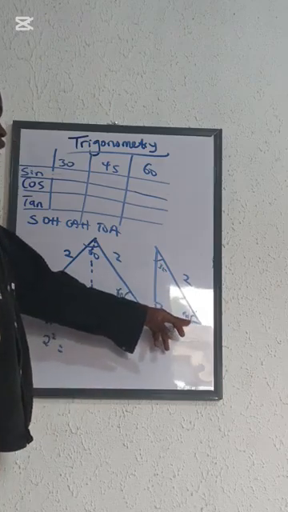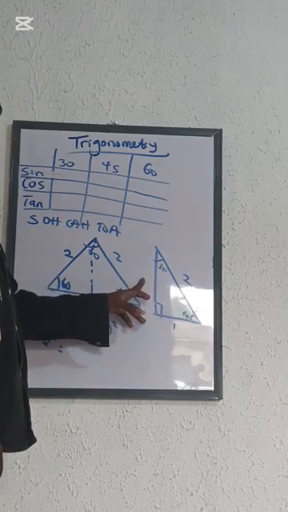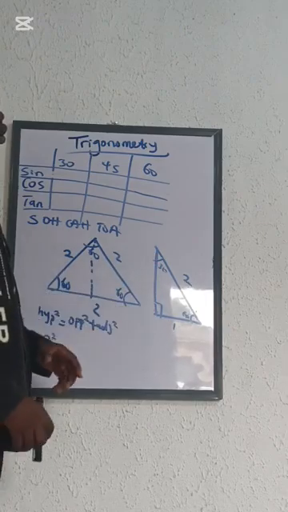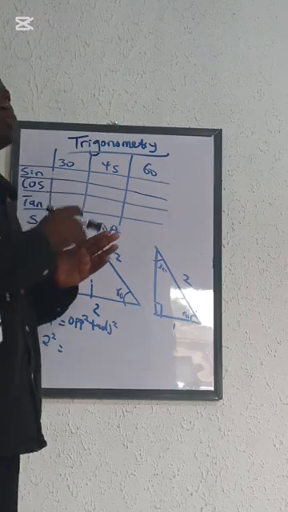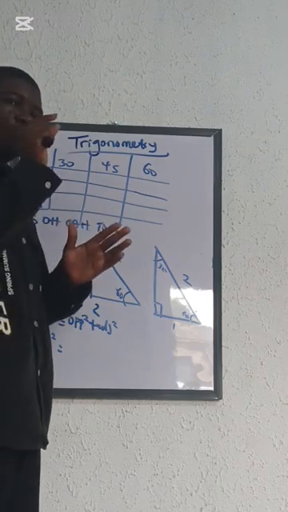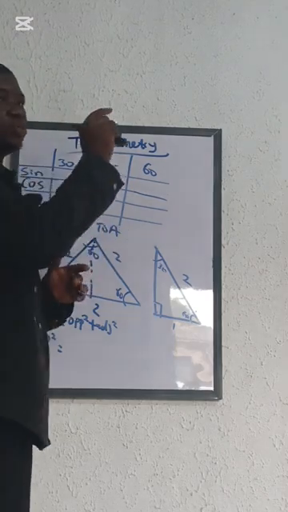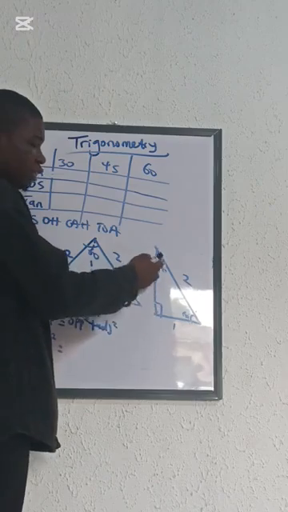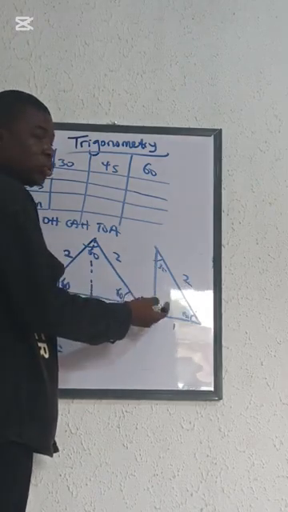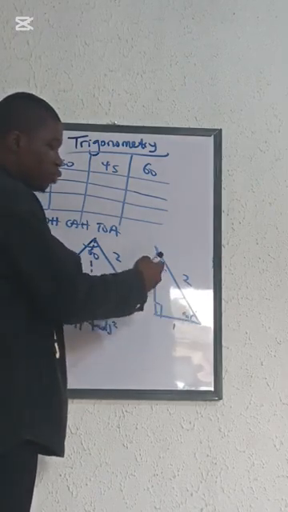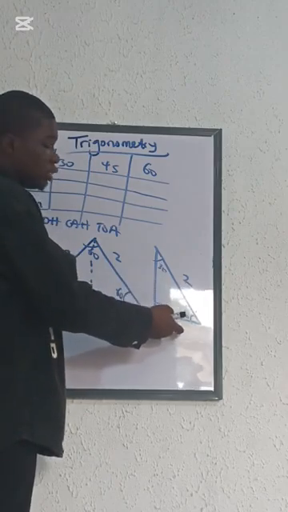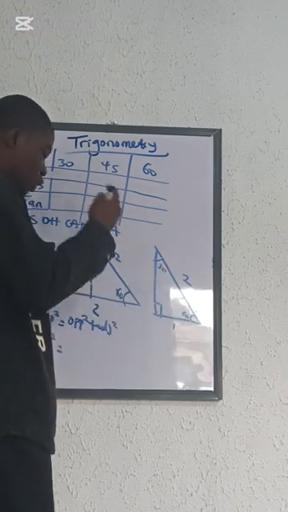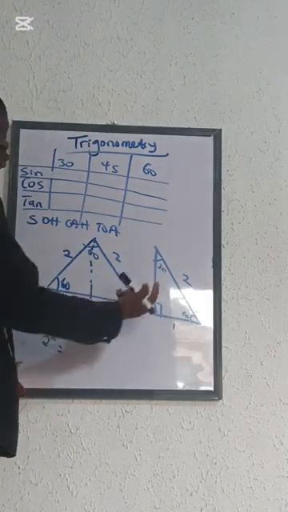Whenever you want to know the opposite side, the angle which the side is facing is the opposite side. For example, for 60, this is the opposite of 60, and this is the adjacent of 60. For 30, this is the opposite of 30, and this is the adjacent of 30. But let's take it as 60.